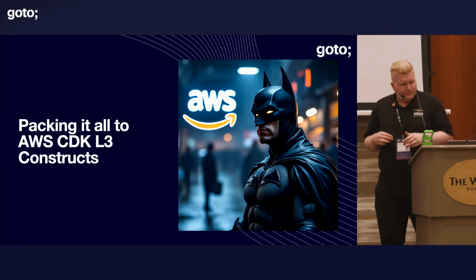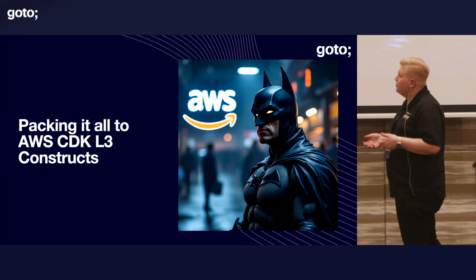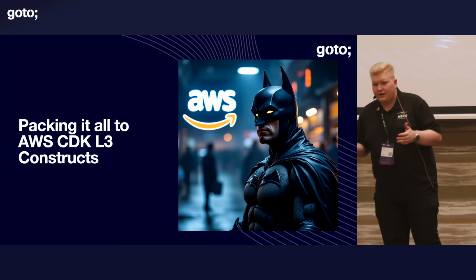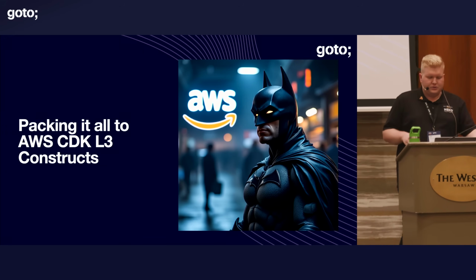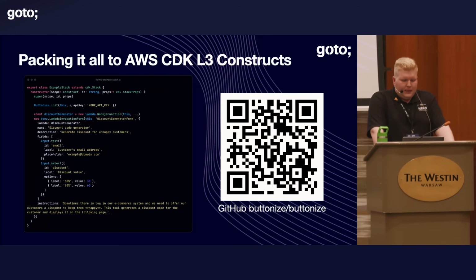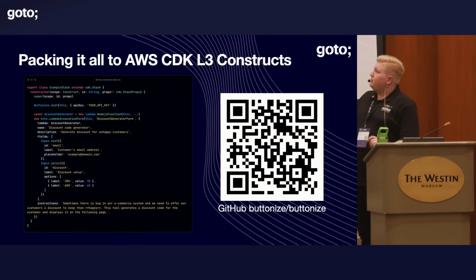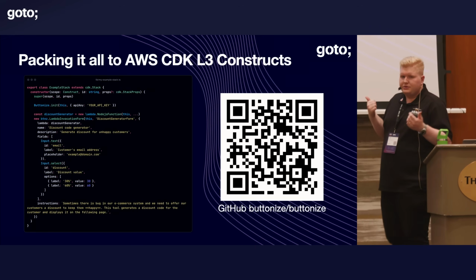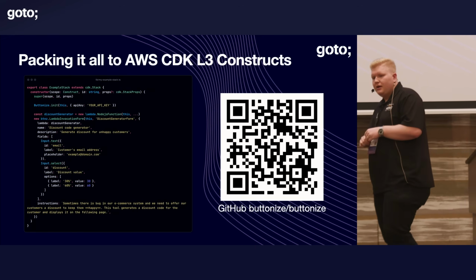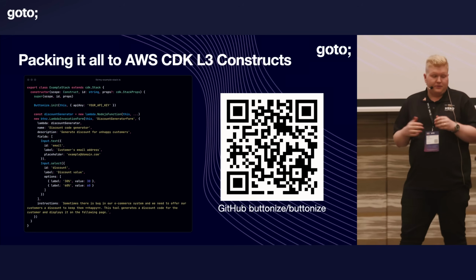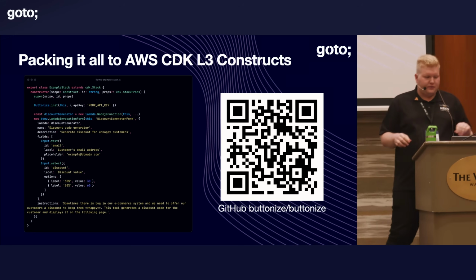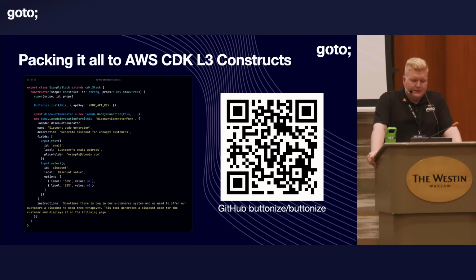And how to package all this into AWS CDK L3 constructs to really make it a smooth experience. We have a public repository, which is going to stay public even once we close the shop. And you can definitely take inspiration from that, because I was pulling some interesting stuff even directly from the CDK code base.